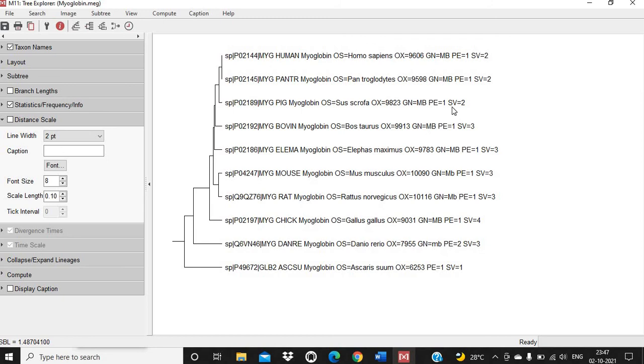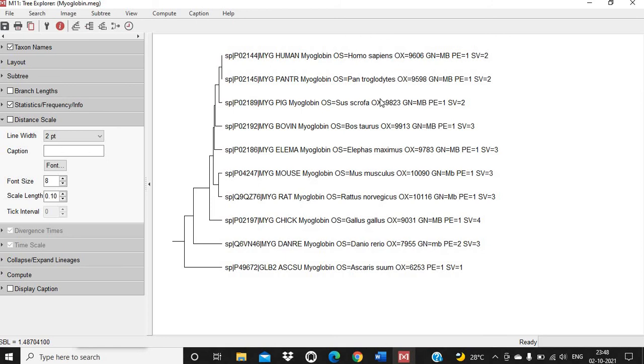And you see that in this phylogenetic tree, Homo sapiens, that is human, and here chimpanzee, have been placed together, because the myoglobin sequences are almost identical, very similar.